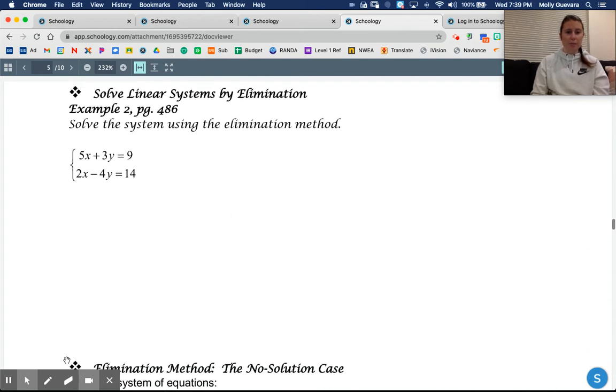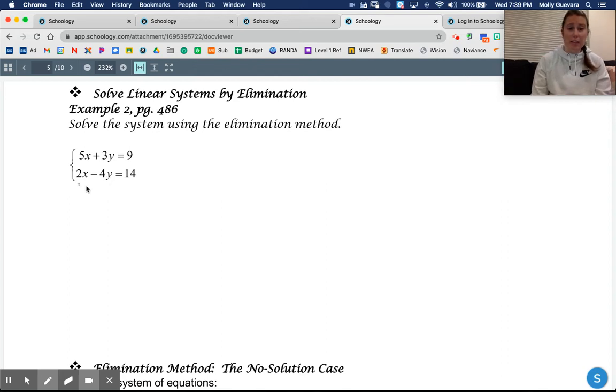So here, when I'm looking, I see I have a 5x and a 2x. So if I want to eliminate the x's, the smallest number I can get to is 10. So I could do 10 and negative 10, and that's fine. Or I have 3 and negative 4, and the common number there is 12. So I would have to multiply by 4 and 3. And it doesn't matter which one you do.